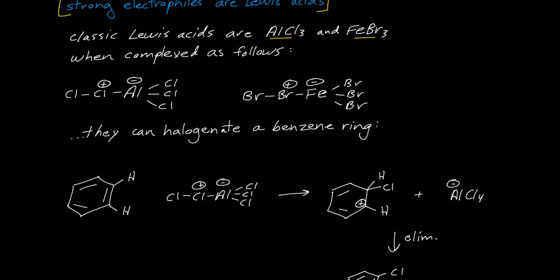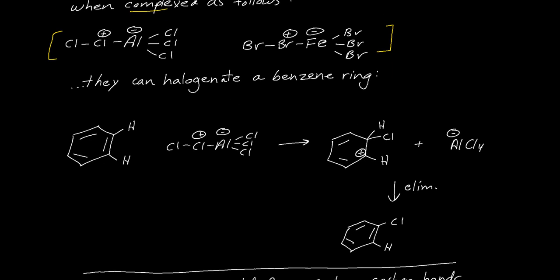Aluminum and iron, both short an octet in these original structures, and so when they complex as follows, and I showed this in class, they form strong electrophiles, and either of these species or complexes can halogenate a benzene ring in the following way.